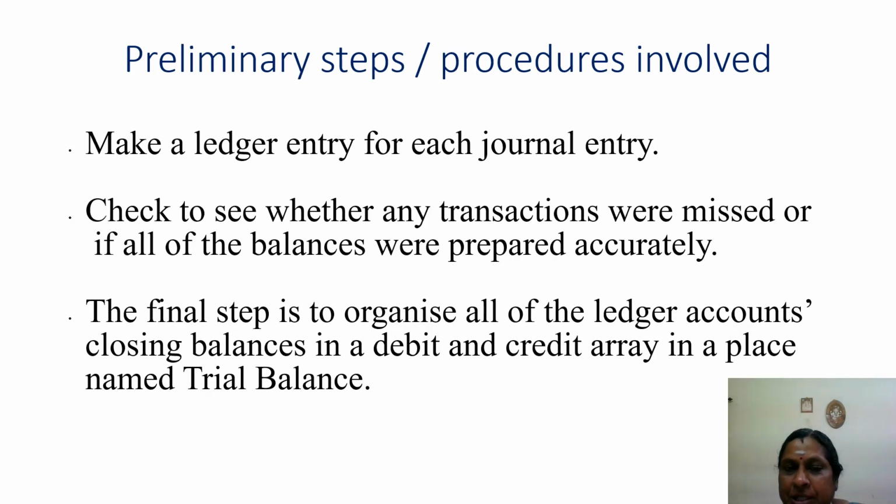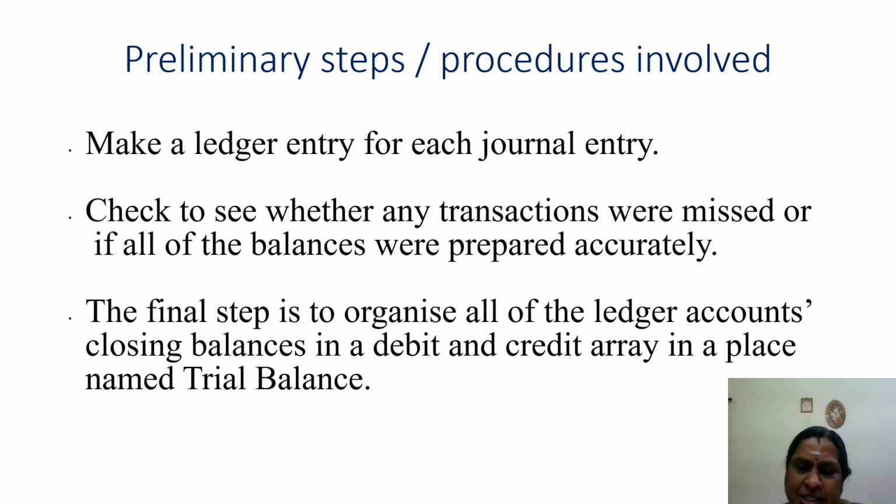Now, there are a few preliminary steps involved in the preparation of a trial balance. The accountant will make the ledger ready. The entries will be posted after journalizing the transactions. The second step is that the accountant will also check to verify whether all the transactions have been entered and if any entries are missing.